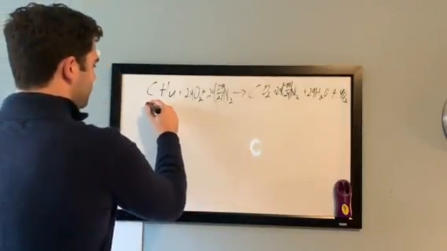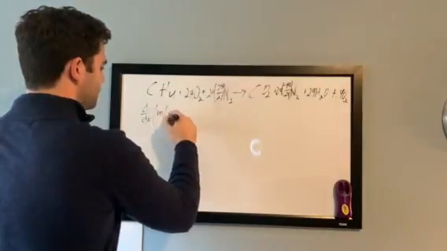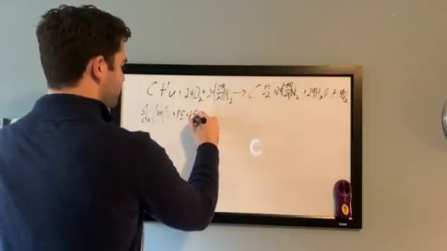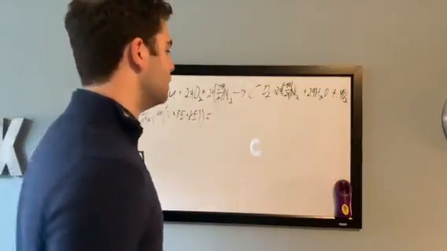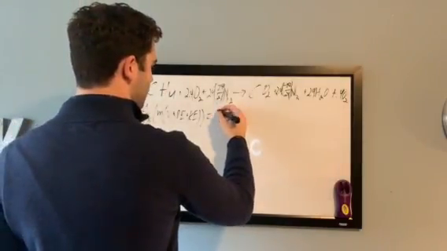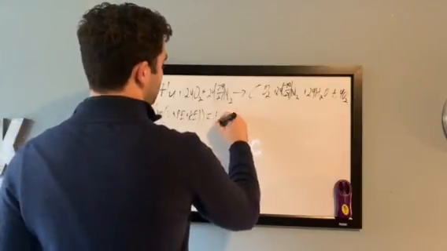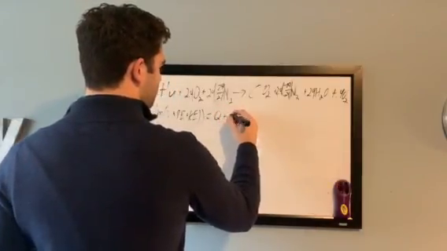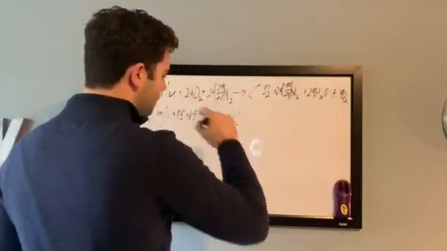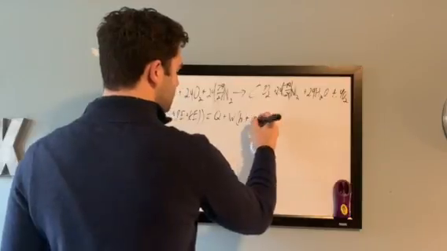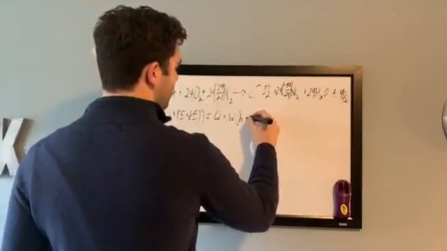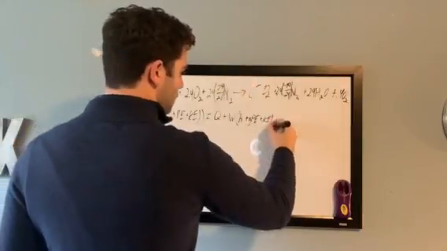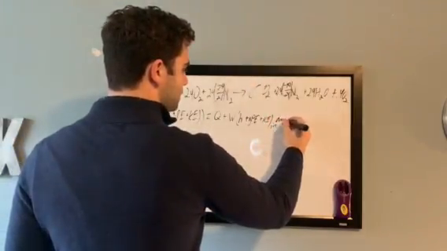We're going to start off with the derivative of mass times internal energy plus potential energy plus kinetic energy equals some amount of heat plus some amount of work, plus the enthalpy plus gravitational potential energy plus kinetic energy inside the system times the change in mass inside the system.